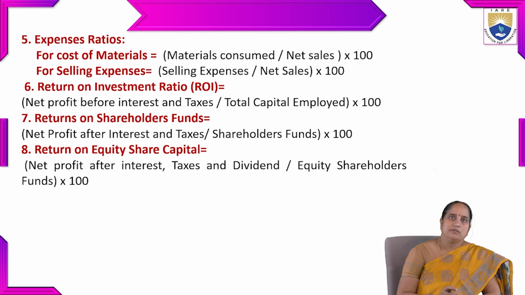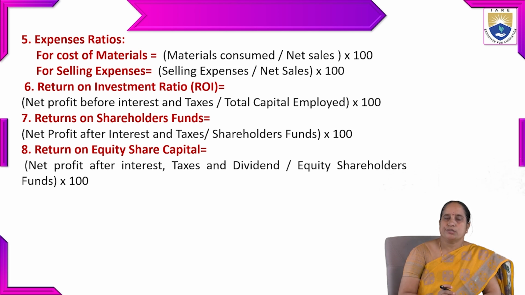For cost of materials, the formula is materials consumed divided by net sales into 100. For selling expenses, the formula is selling expenses divided by net sales into 100. The next one, return on investment ratio ROI, which is equal to net profit before interest and taxes divided by total capital employed into 100.